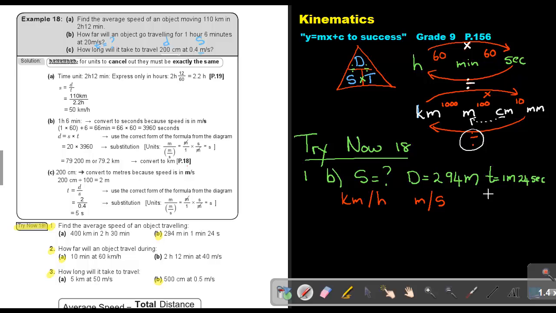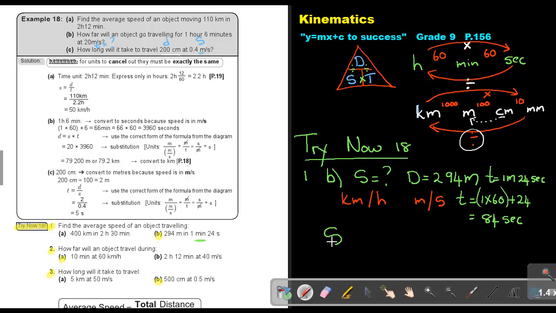If I want to go from minutes to seconds, I multiply by 60. So it's just going to be 1 times 60, and I add the 24. That is going to give me an answer of 84 seconds.